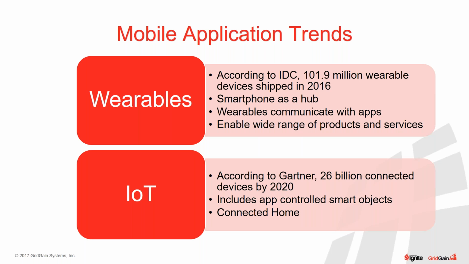And this shows a trend from wearables being a kind of cool extra to wearables now being part of the mobile ecosystem. Typically you'll have a wearable that communicates with an app that's running on a smartphone. And so this now opens up new opportunities for app developers to write code that uses the smartphone as the hub of a personal area network that's built from a bunch of wearable gadgets.